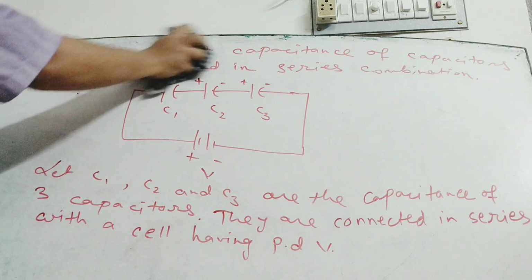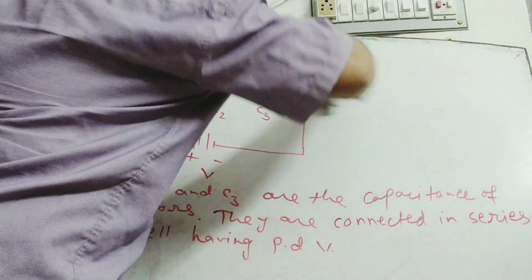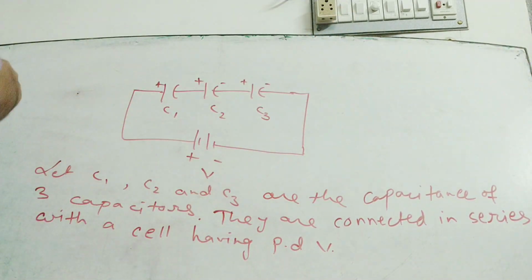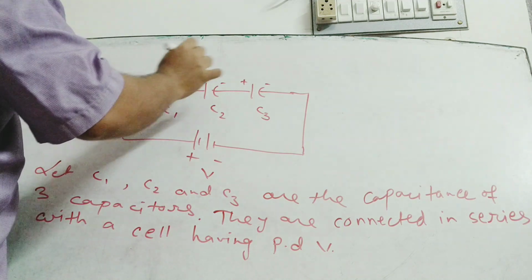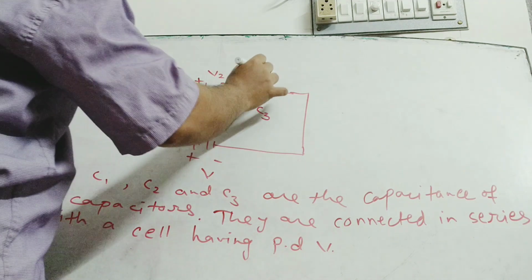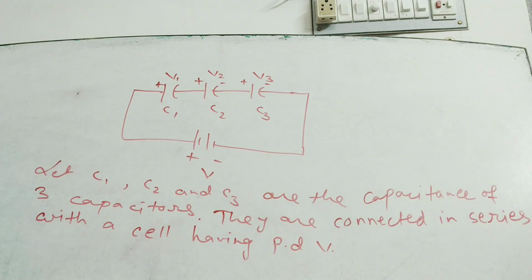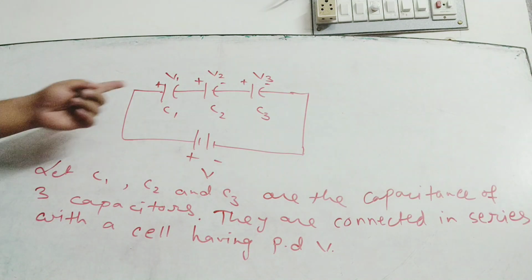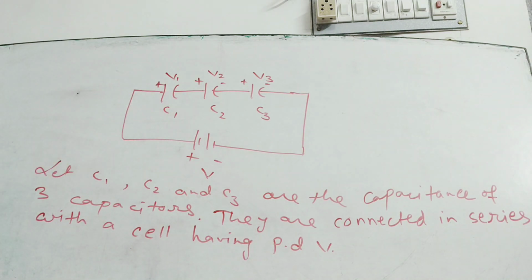Now, V1, V2 and V3 are the potential differences between the two plates of the capacitors respectively.